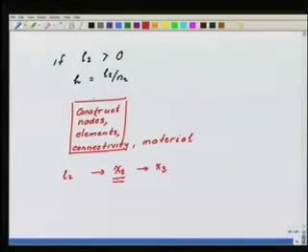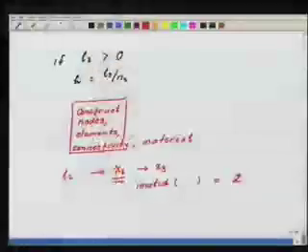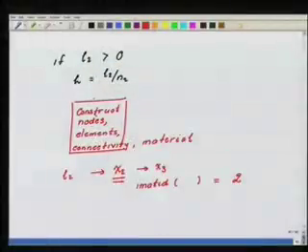So if x2 was a material point, then here my IMAT ID of all the elements will be equal to 2. If x2 was xp, that is, it was a point load point, not a material point, then it remains as 1, because the material is not changing, only the point load is being applied. And so on we continue doing.